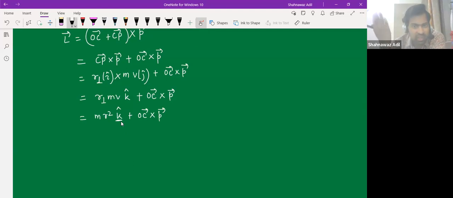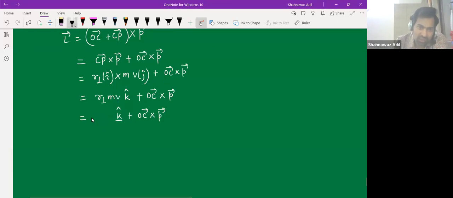What axis do you want to call it? I hat is what direction? I hat is the x-axis, X direction, right? So K hat is what direction? K hat is Z direction, right? Yes, sir. K hat is Z direction.